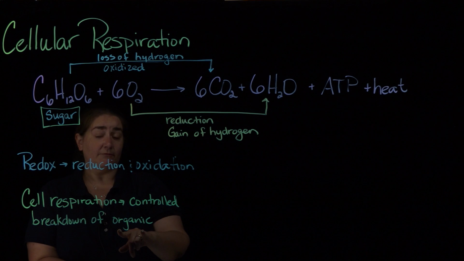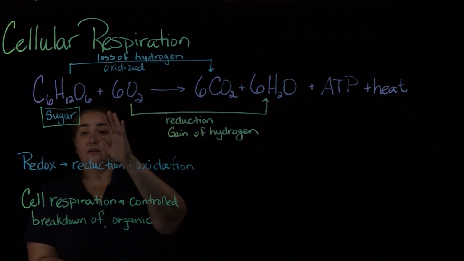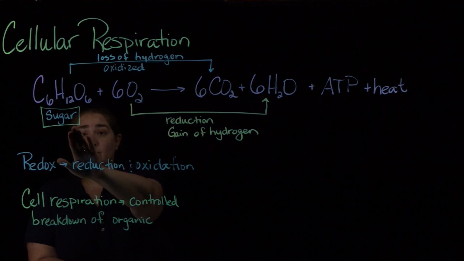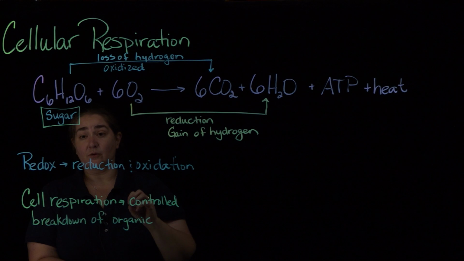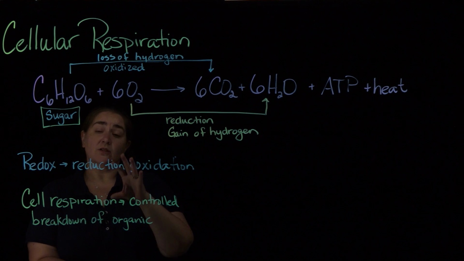So the lipids and fats and proteins that you take into your diet can also be broken down, and those components can be used in cellular respiration. We're just going to focus on sugar because I don't want to cloud things up too much with the different chemical reactions. So we're just going to follow sugar.